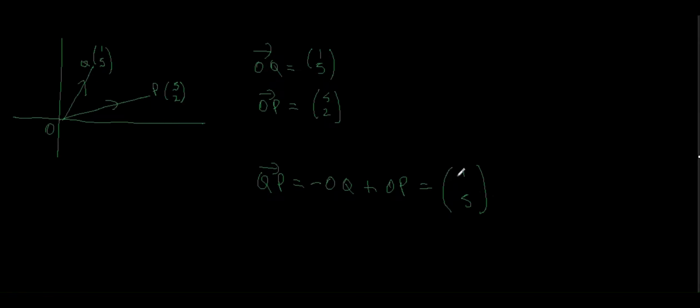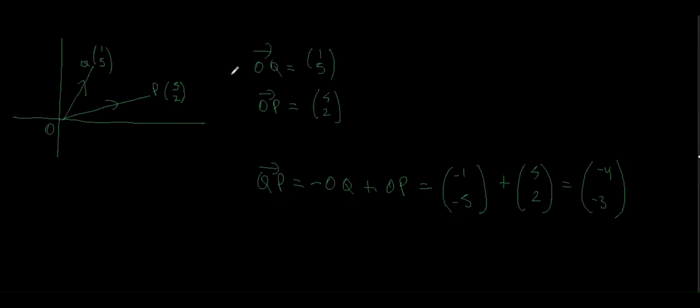So minus OQ would be minus 1, minus 5, and plus OP is 5 and 2. So we would get minus 1 plus 5 is 4, and minus 5 plus 2 is minus 3.